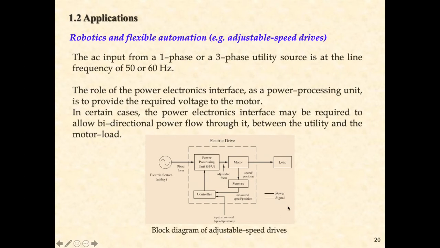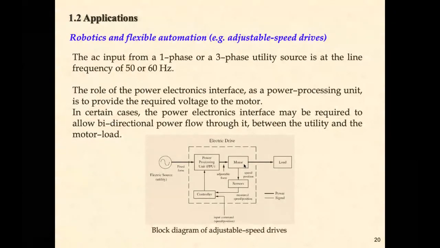Okay? And this picture shows you the brief idea. Again, the source is usually AC from the utility, and then goes to the PPU to drive the motor. The motor, of course, can be an AC motor or a DC motor, but no matter how, we still need to do some conversion.